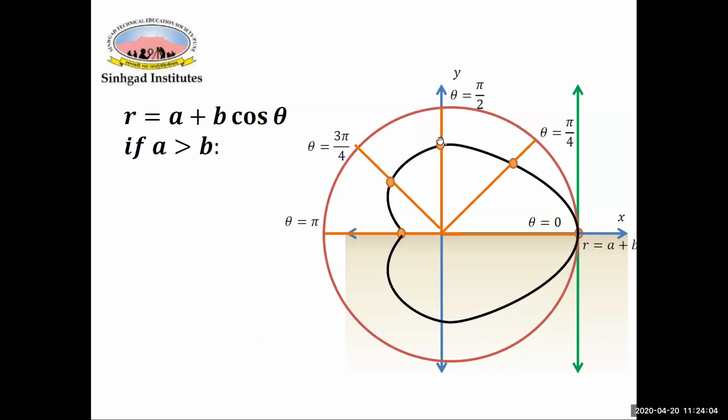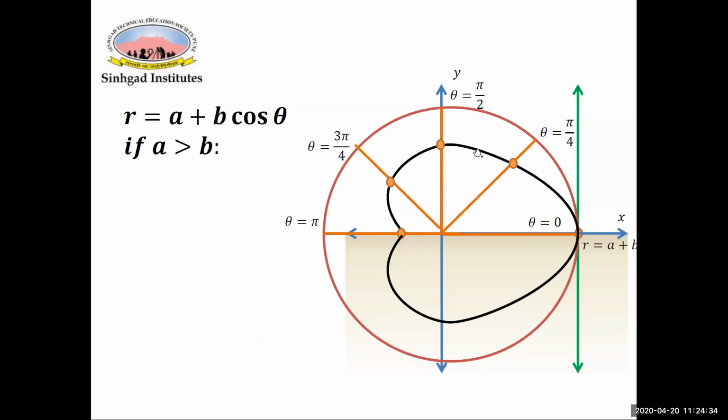Then along the line pi by 2 it is A, then A minus B by root 2, and then along the line pi it is A minus B. So your radius vector will start from A plus B and start rotating this way. At pi by 4 it will come to this point, which is at the distance A plus B by root 2.